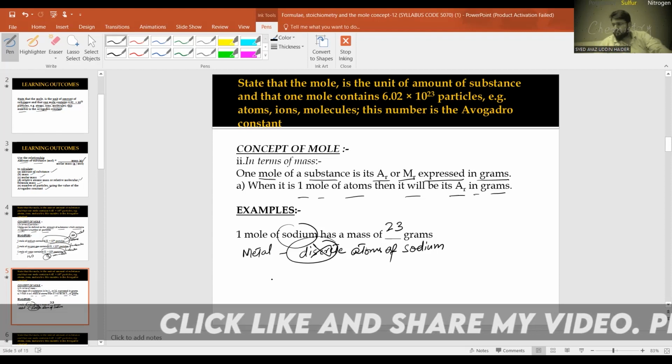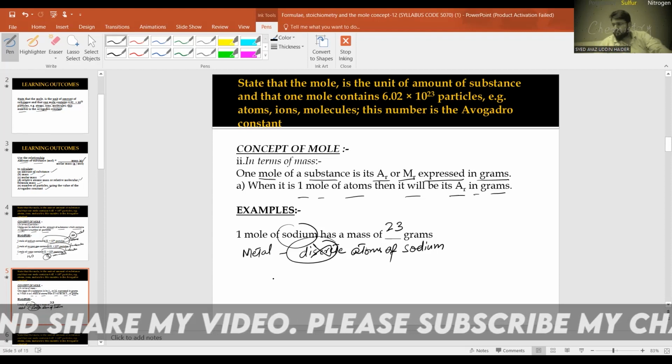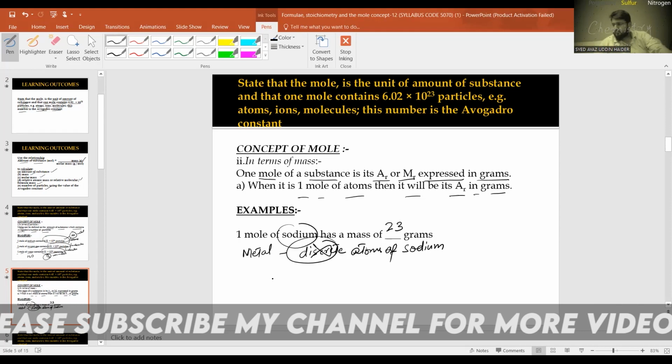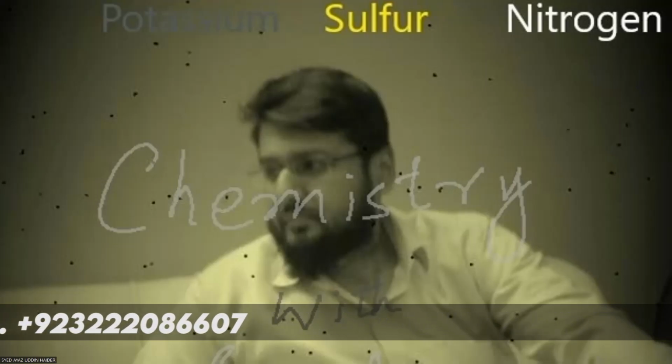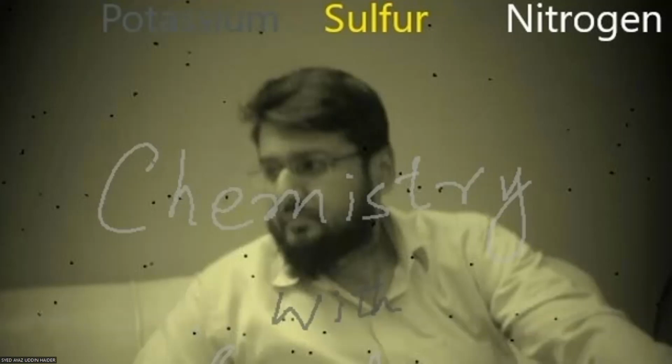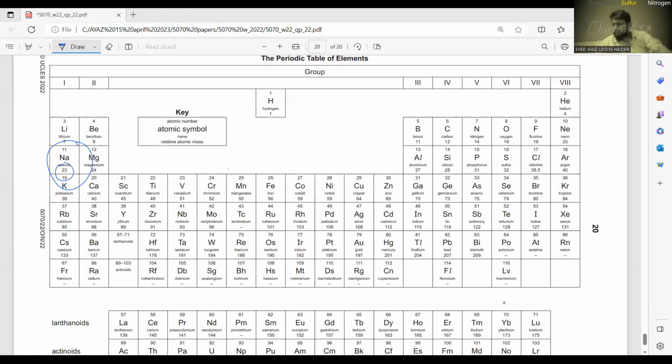For example, if I say 1 mole of aluminium, AR of aluminium is 27.